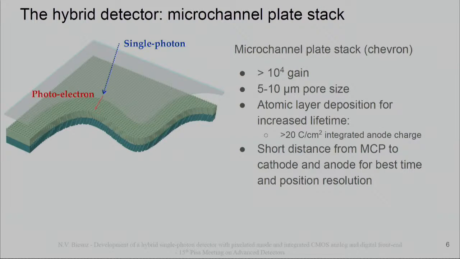Again, this is limited by the microchannel plate that you use and by the gain of the microchannel plate stack. This is a strong limiting factor for these kinds of devices because performance will degrade a lot.